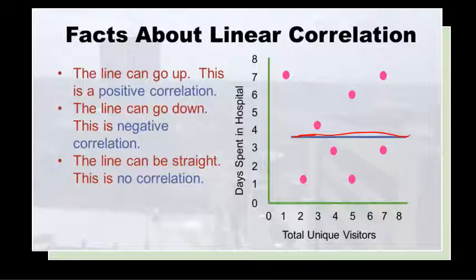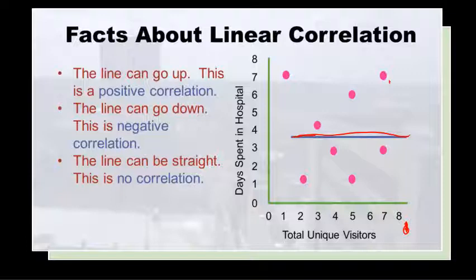There's probably no correlation here because if you look at it, the plots are everywhere. So you don't really see any kind of correlation. It's not like the more visitors you have, the more days you spend in the hospital.